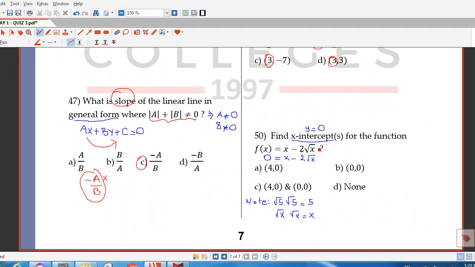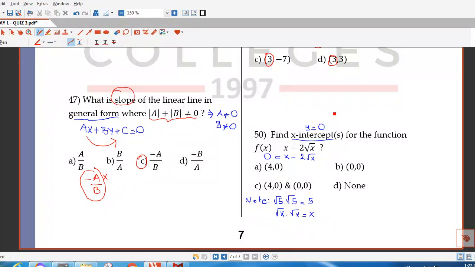The last question of the first day and the last question of quiz 3. The x-intercept is the case y is equal to 0, f of x is equal to 0, x minus 2 root of x. I have to solve this equation, but before solving this, I want to share a note with you.